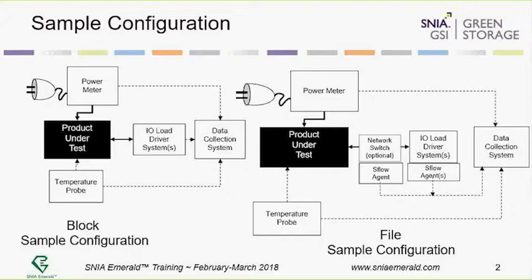For block, we had the load driver, which usually was just a server connected to the storage system, and maybe nothing in between. In the file configurations, we've got a network switch that may be there, load drivers, and data collection systems, which you don't want to measure the power under. So it's a reminder that when hooking up the power meter, we measure the actual power of the product under test and not the whole solution under test.